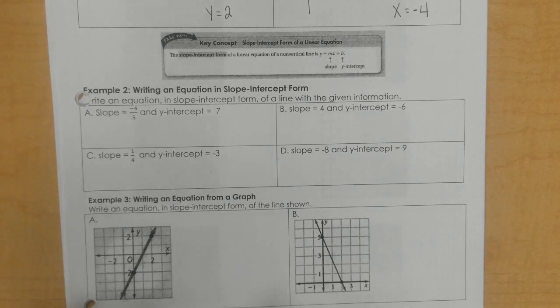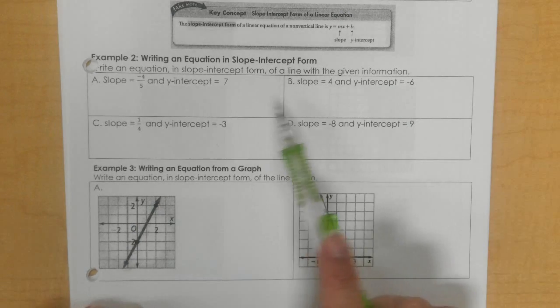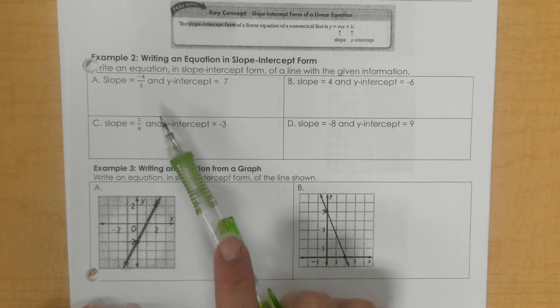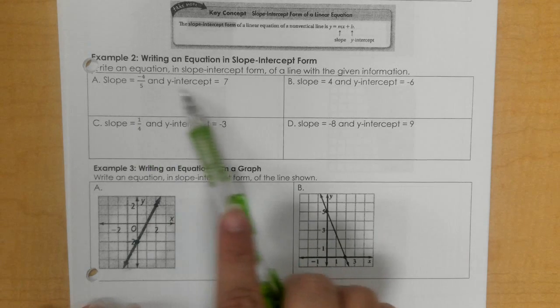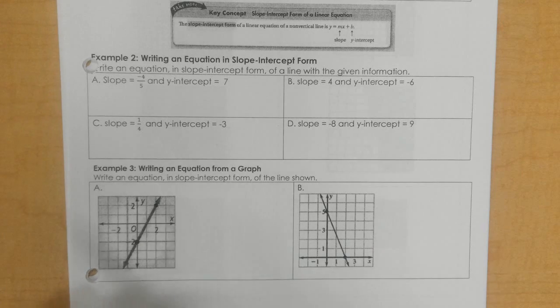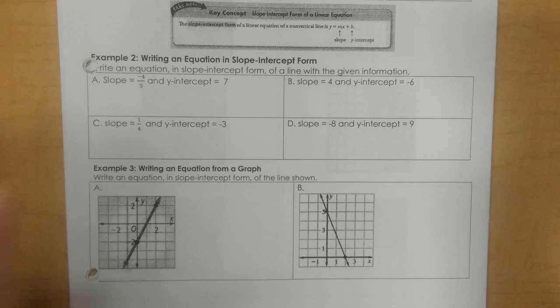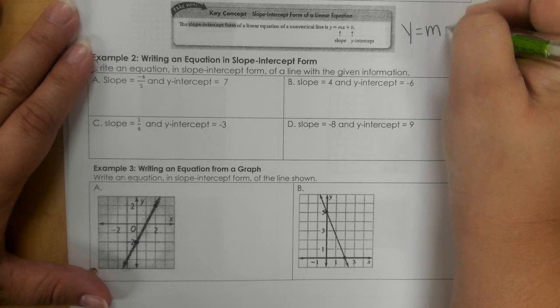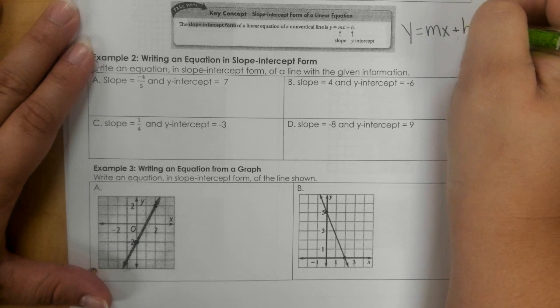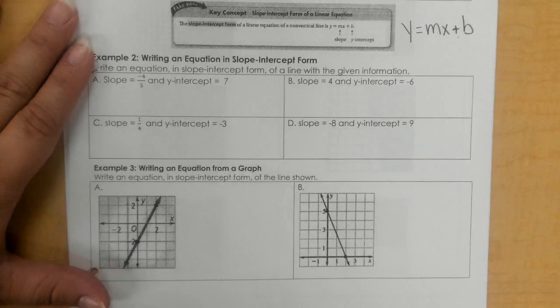For the next section, actually for the next 2 sections, we are going to either be given information, given like words here and numbers, or given a graph, and we have to come up with the equation in slope-intercept form. Okay, so just going back to what is slope-intercept form. This is slope-intercept form.